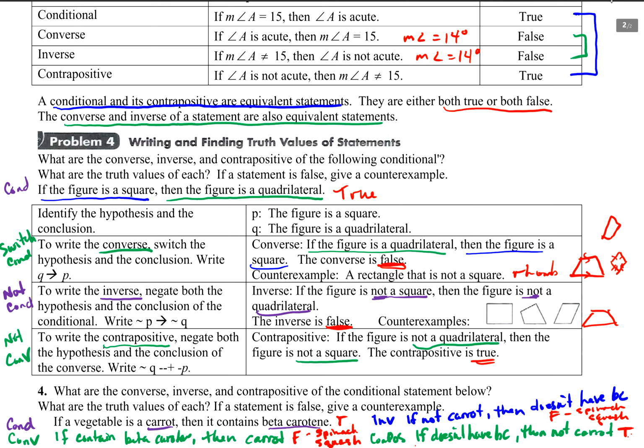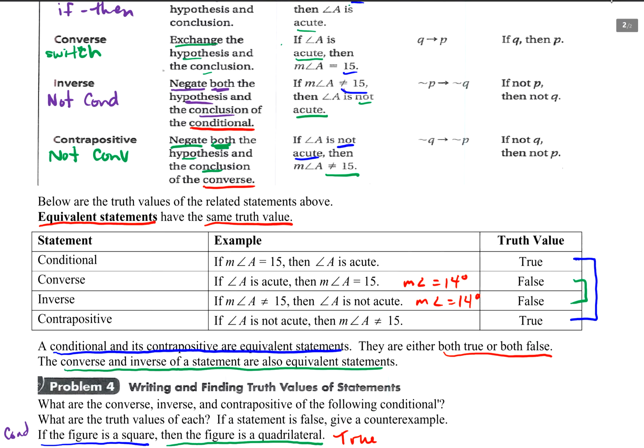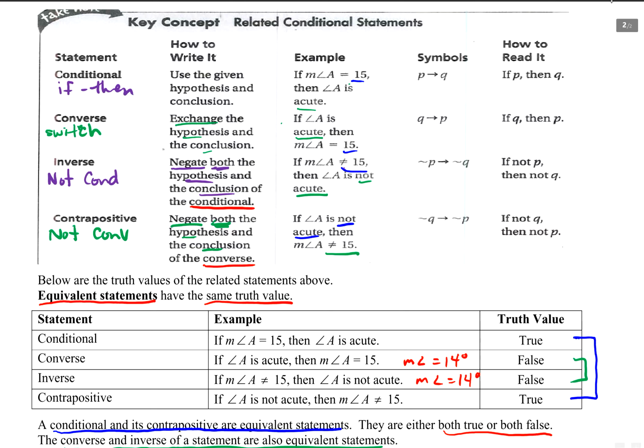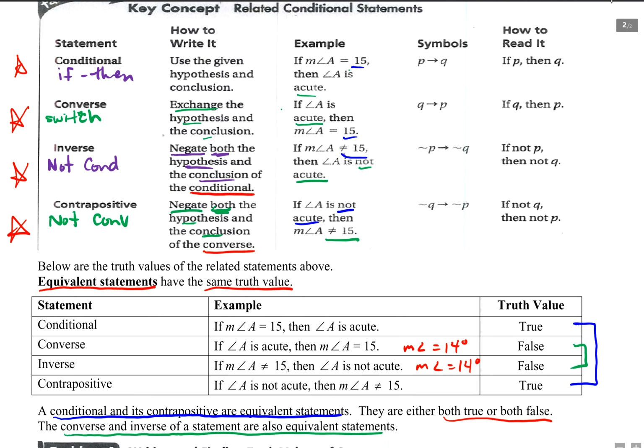All right, these truth values should be the most challenging thing that you have to do. I would keep these parts of your notes handy right here. This is good stuff. This is the explanation of how to write them and gives you examples. And this is a really nice example right here. Very neat and tidy, right? And shows you where the nots come in, right?